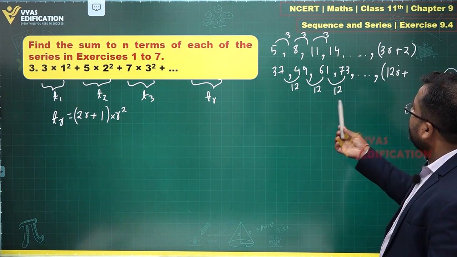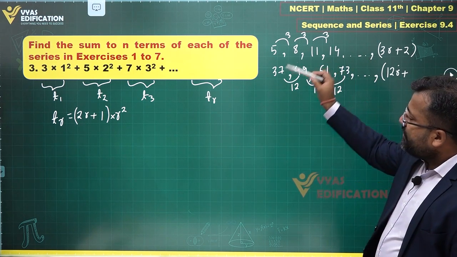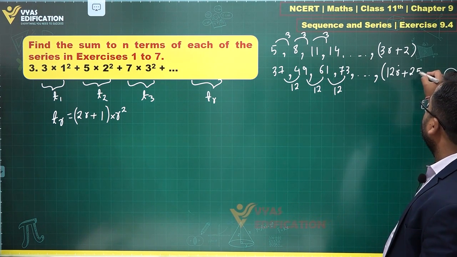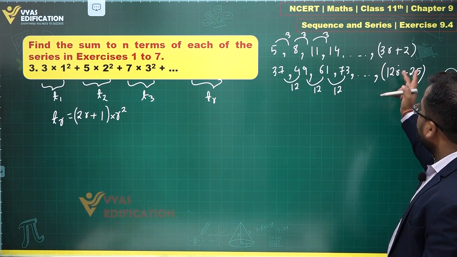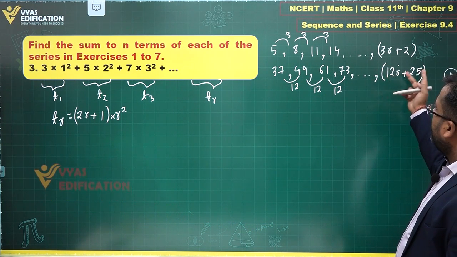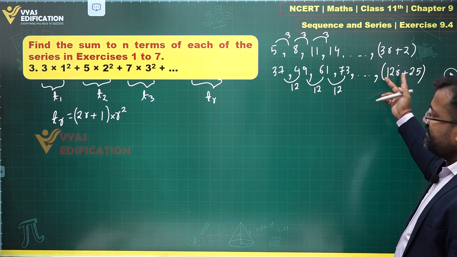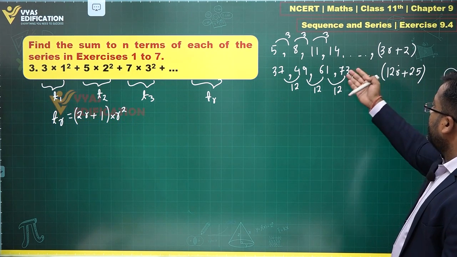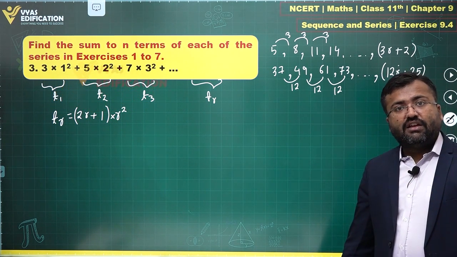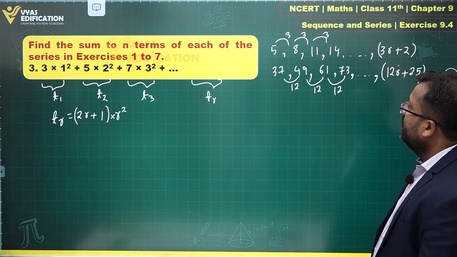What is that? 12 plus something should give me 37. That is 25. This will give me 37 as the first term. The second term will be 12 times 2, 24, plus 25, which is 49. The third term will be 12 times 3, 36, plus 25, which is 61. 12 times 4 plus this will be 73. That's what you'll get in general.